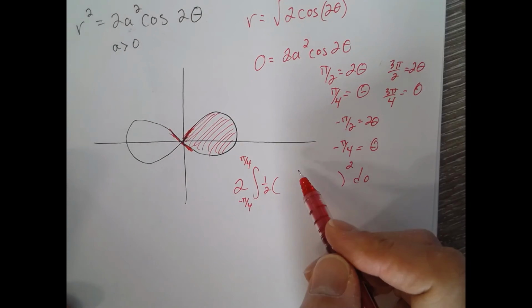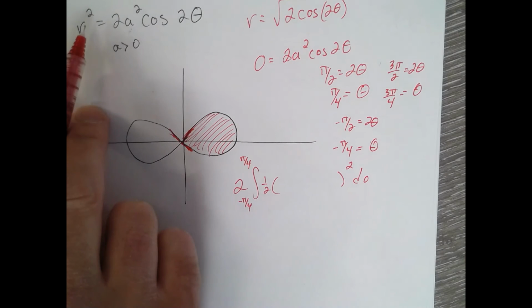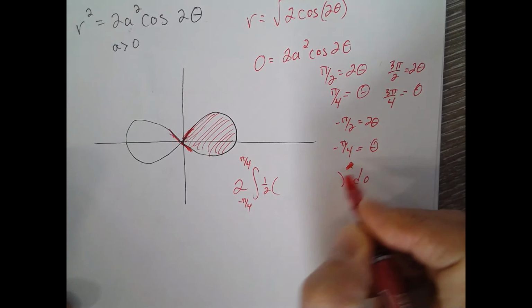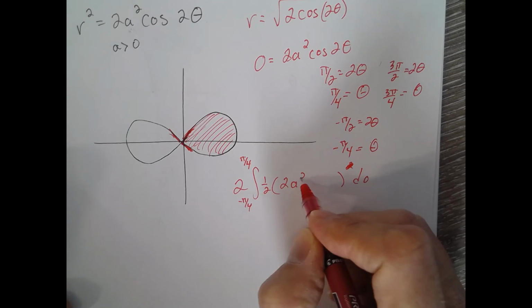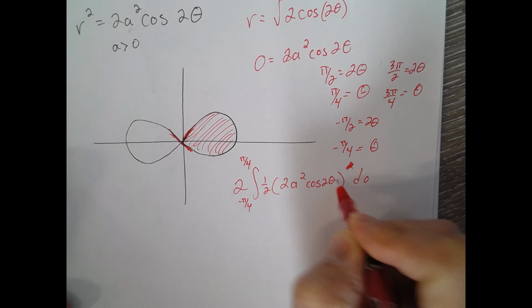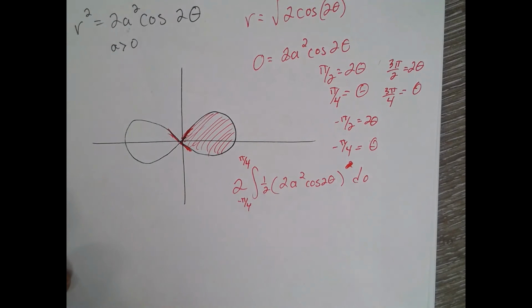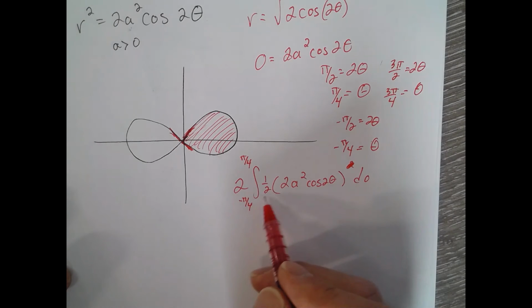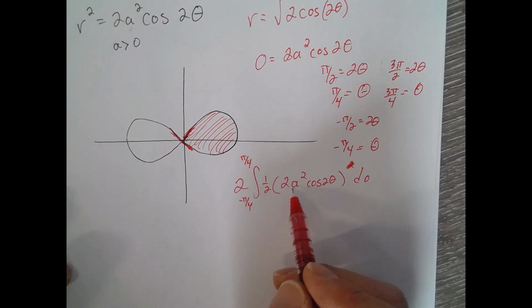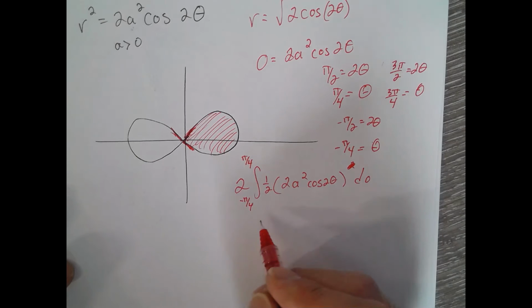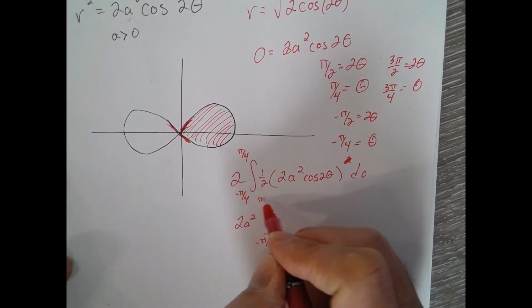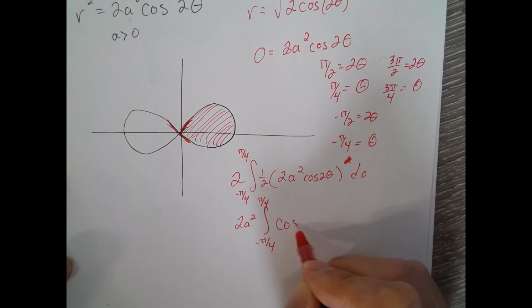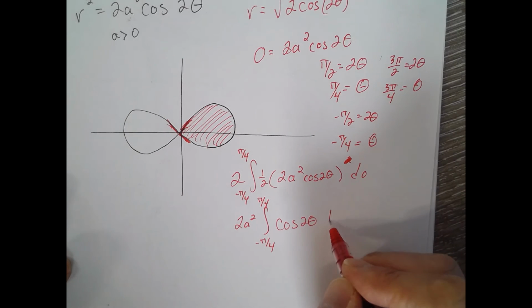And our r squared is just 2a squared cosine 2 theta. Alright, so pulling out the constants and the a squared, it looks like I'll have a 2a squared on the outside, and cosine 2 theta on the inside.